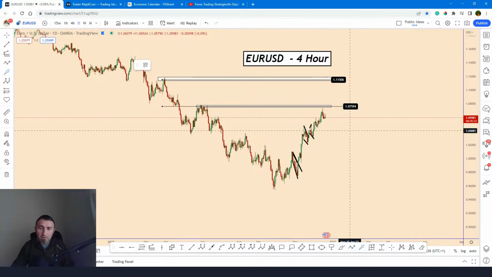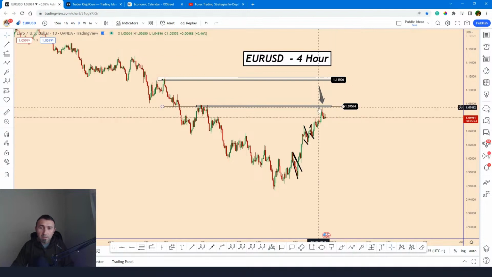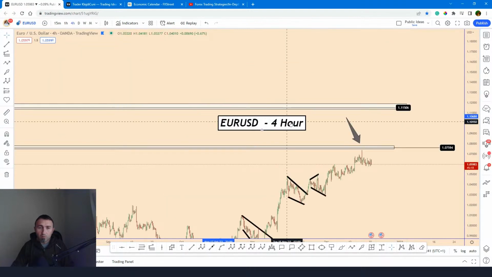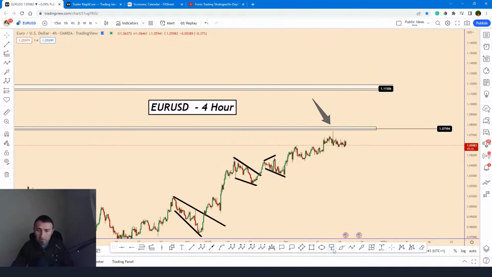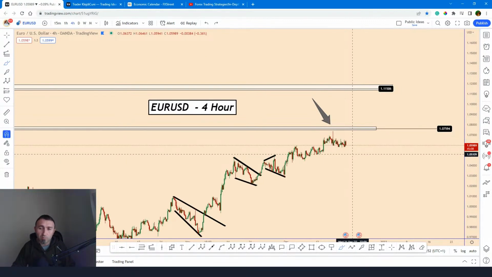This was the area that I was expecting as the first barrier for FOMC and ECB as well, European Central Bank. And what happened is that during FOMC, we saw this small candle here, so price didn't move at all, and the bullish candle was during the next day on European Central Bank.